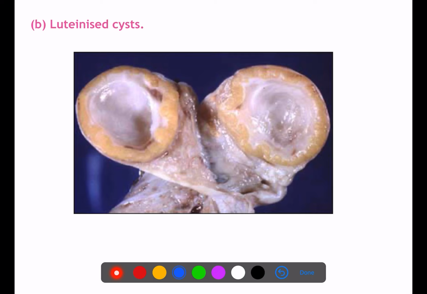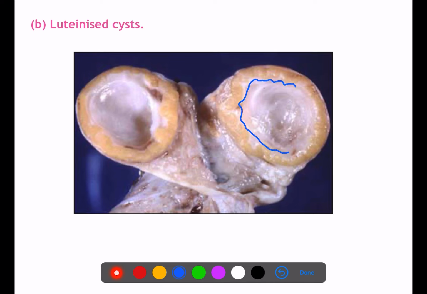When the ovulation fails, it will produce a follicular cyst, and this follicular cyst proceeds in maturation and produces luteinization, or luteal cyst, or corpus luteum cyst.